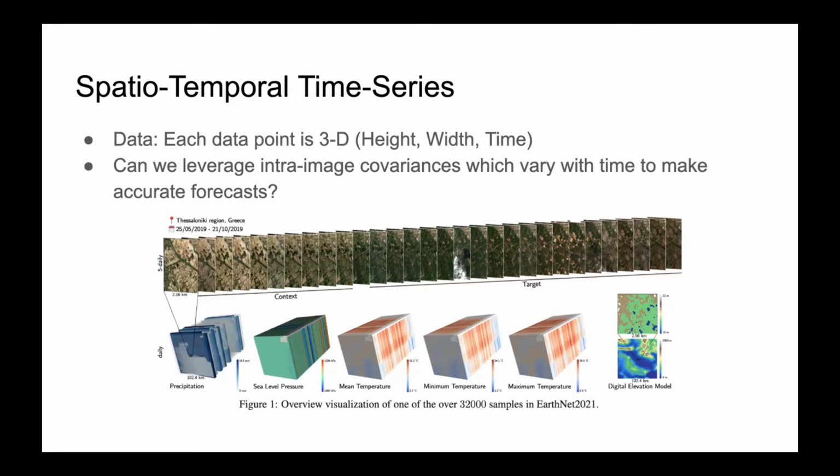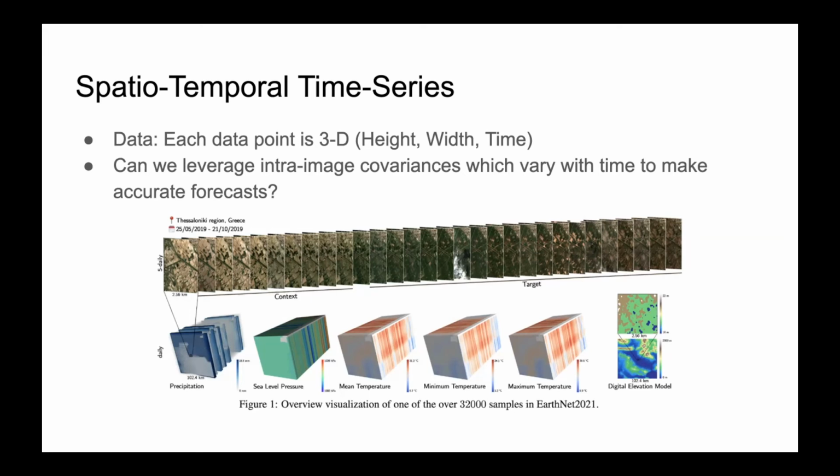But the thing is, because it's an image varying through time, we can actually leverage intra-image covariances between regions and pixels to make very strong predictions. And we can also leverage the covariances across time. And this allows us to make very, very good forecasts, as opposed to typically multivariate, where there could be very, very sparse relationships between space and spatial variables.